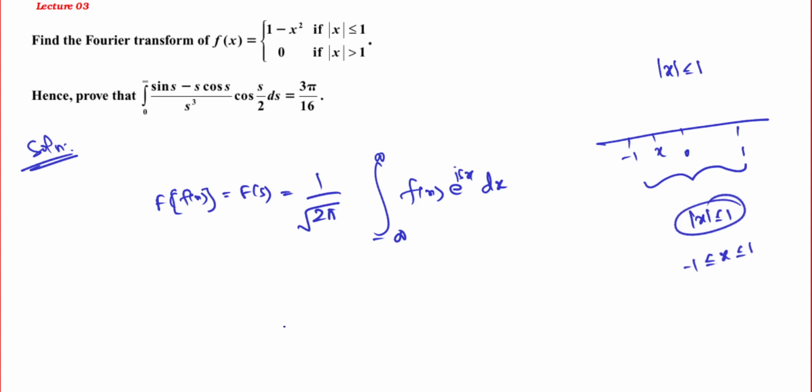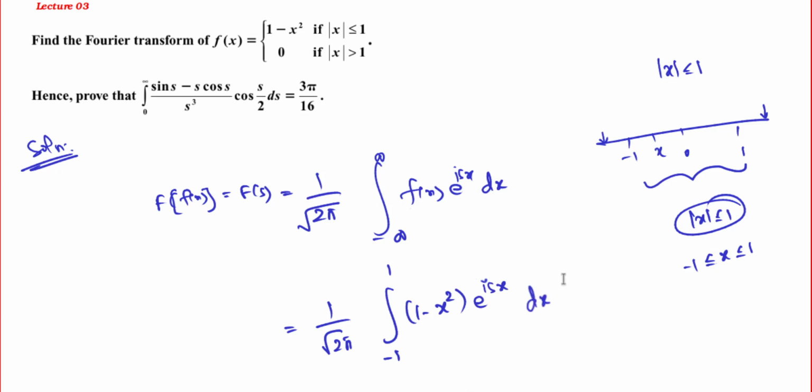So this integral can be split across three integrals, where two of them become 0 because mod x is greater than 1 there. So this integration can simply be written as the integral from minus 1 to plus 1 of 1 minus x square into e to the power isx dx.